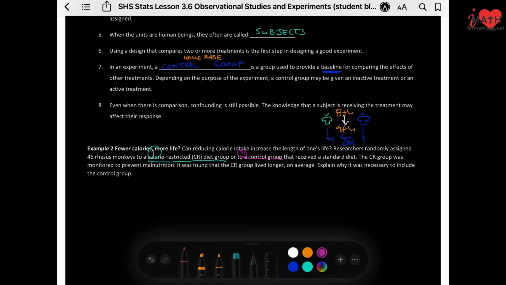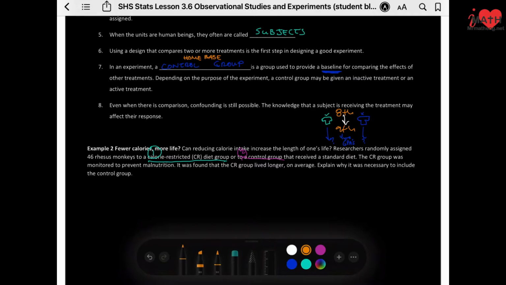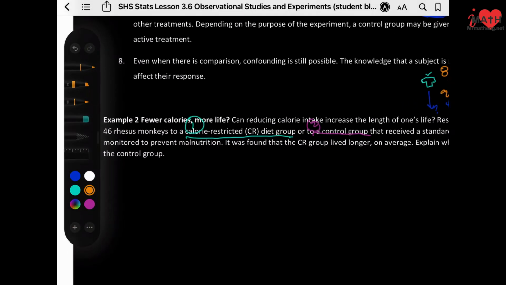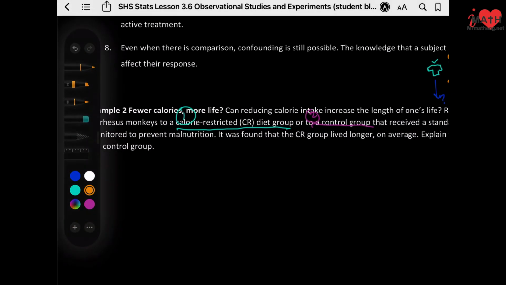The calorie-restricted group was monitored to prevent malnutrition. It was found that the CR group lived longer on average. Explain why it was necessary to include the control group. Why do we have to have them? Well, I need to know if one group lived to 50 years old and you have anything to compare it with. You can't say one lived longer or not, right?